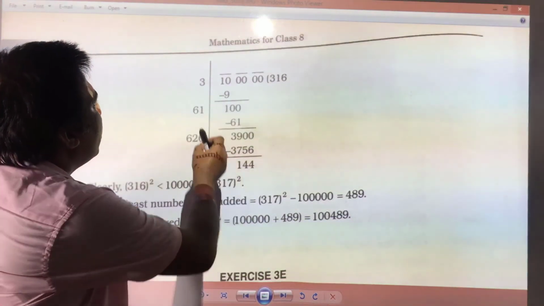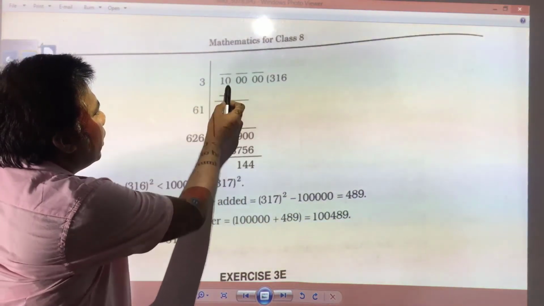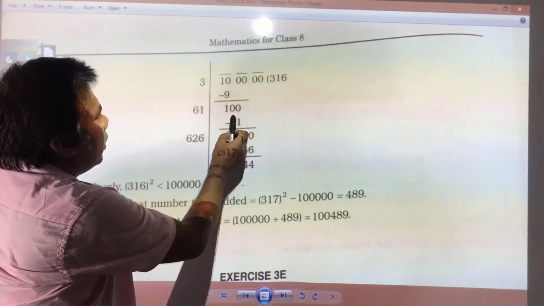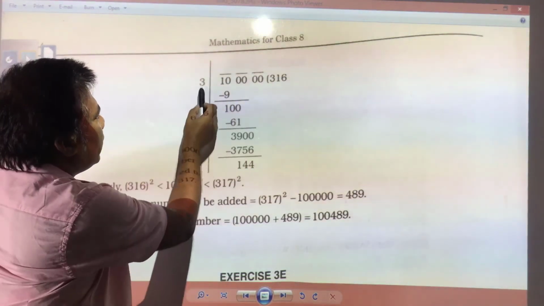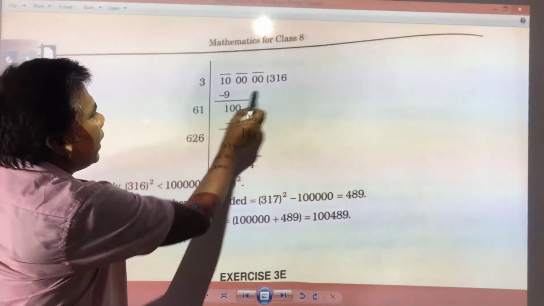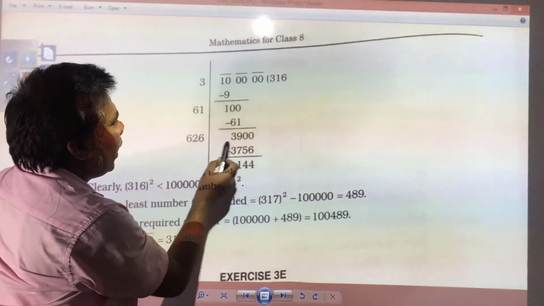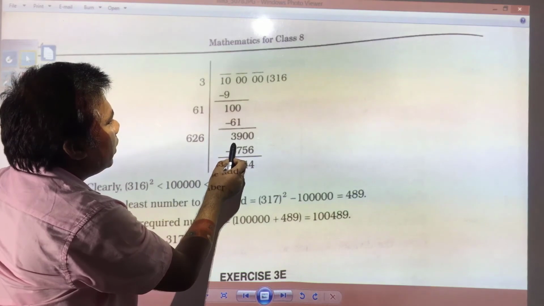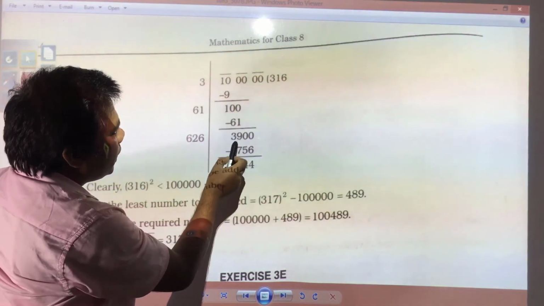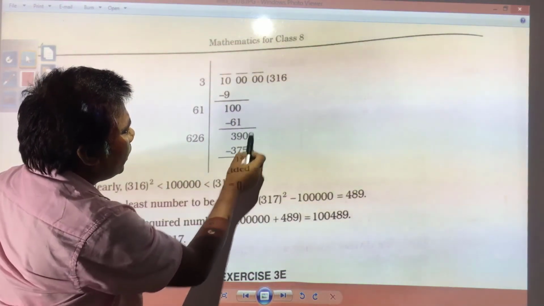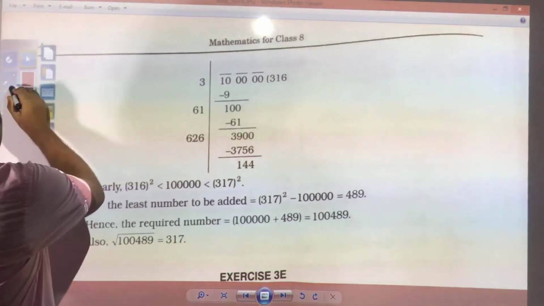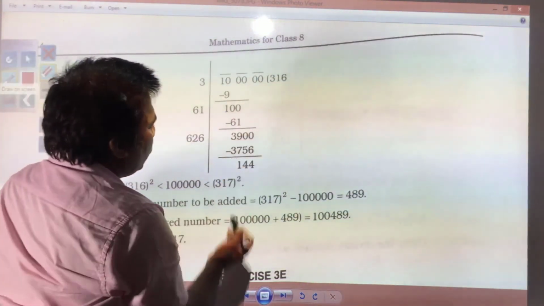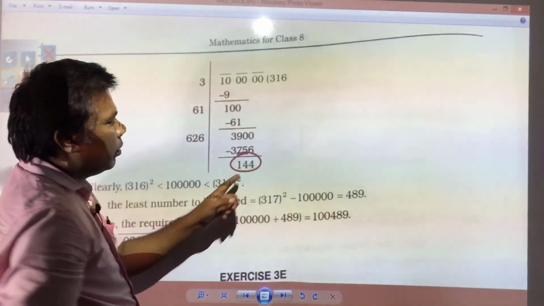So 3 threes are 9, here you have 1, next period the zeros have been taken down, 3 and 3 is 6, and one time it went, so it became 61. Now 39 you have got after subtraction, next period 0 0 has been taken down, 6 times it has been taken. So the remainder you are getting is 144.